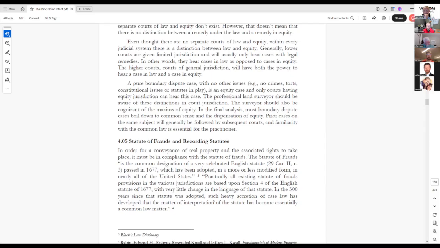Have substantial improvements been placed in reliance upon it, so that if you were to now move that monument or correct the error, it would cause substantial costs to be incurred to move the sprinklers and the landscaping and all the stuff that's gone on? That's the doctrine of equitable estoppel, which is another equity doctrine.